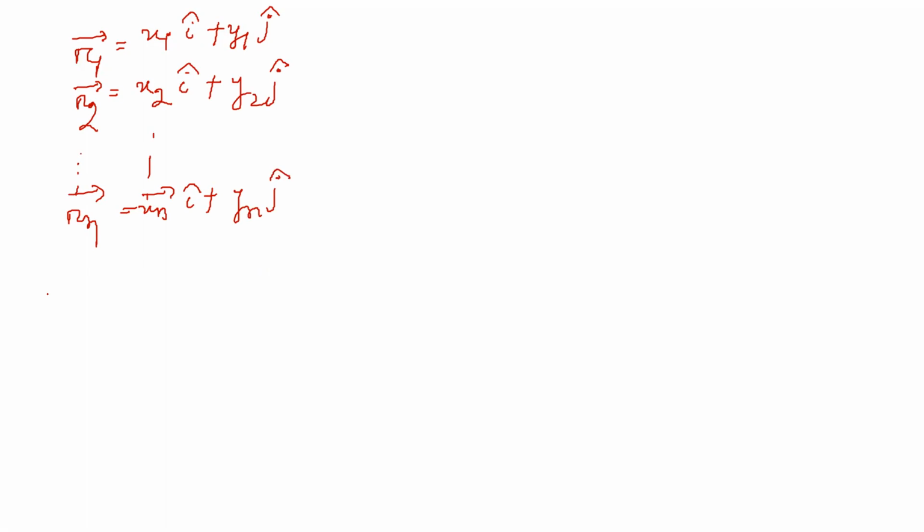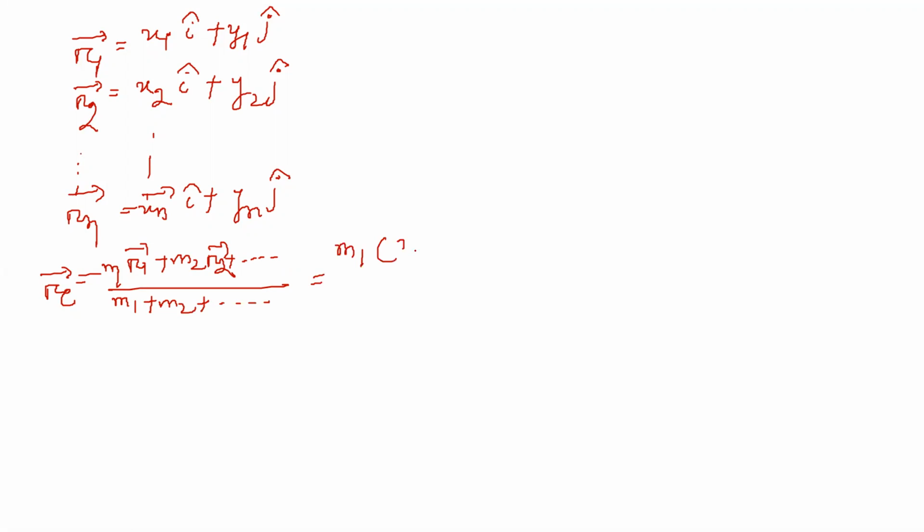So if we talk about RC here, RC is equal to, what we found just now, M1 R1 vector plus M2 R2 vector dot dot dot, divided by the total of the particles' masses, M1 plus M2 plus dot dot dot, like that. So in place of R1, what can I put? I can put x1 i cap plus y1 j cap.